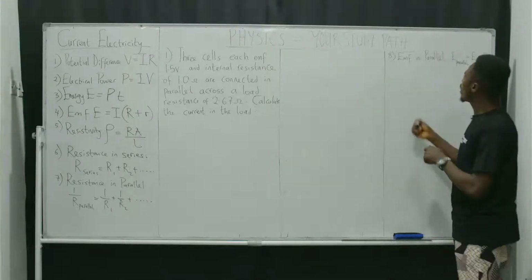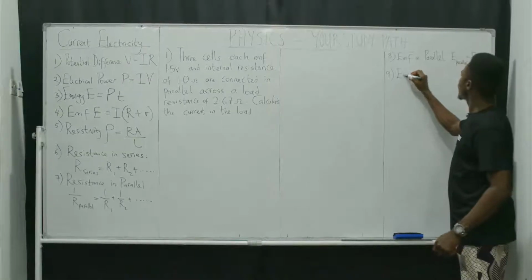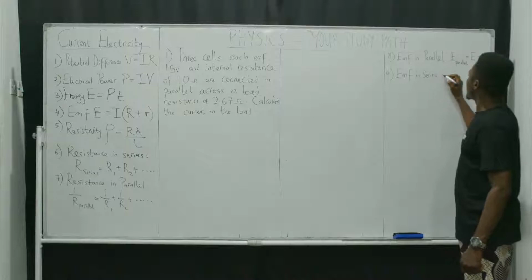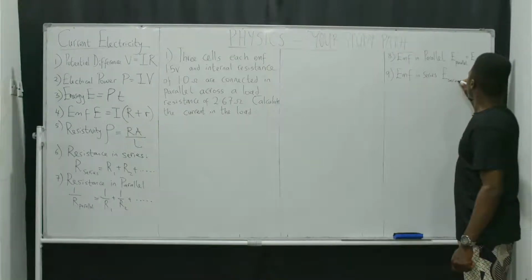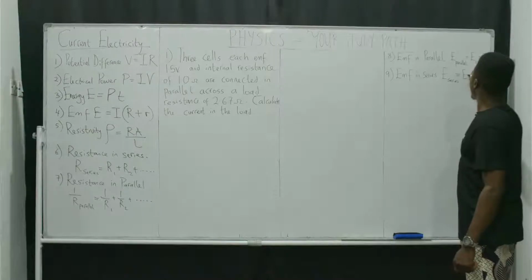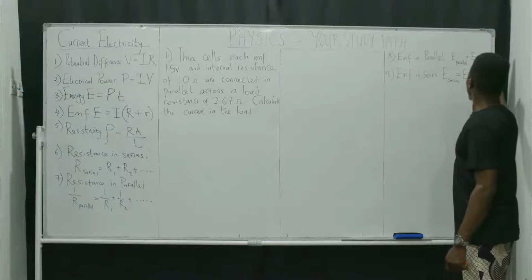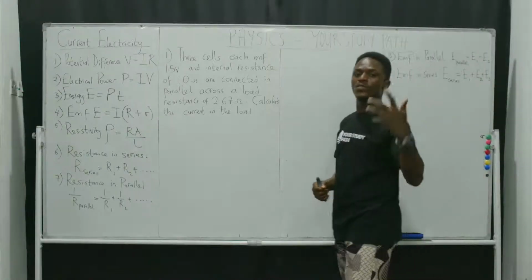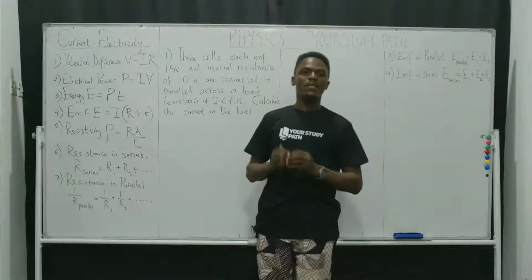But whenever you have EMF in series, it becomes additive: E1 plus E2 plus E3. EMF is additive in series connection, and it's the same in parallel connection.